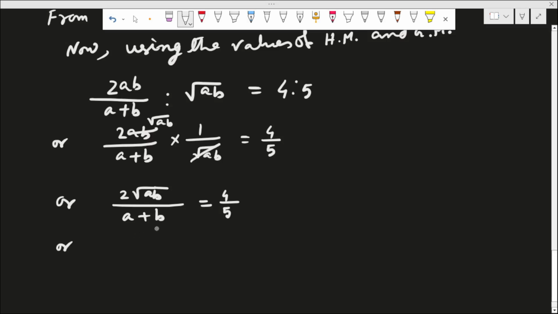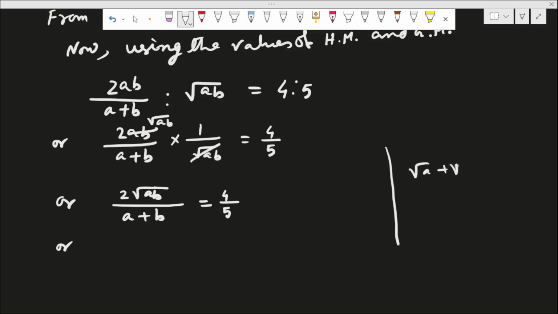Now the denominator has two terms and the numerator a single term, and if we add numerator and denominator, we will have A plus B plus 2 root AB. That is easily formulated as root A plus root B whole square, which is A plus B plus 2 root AB.